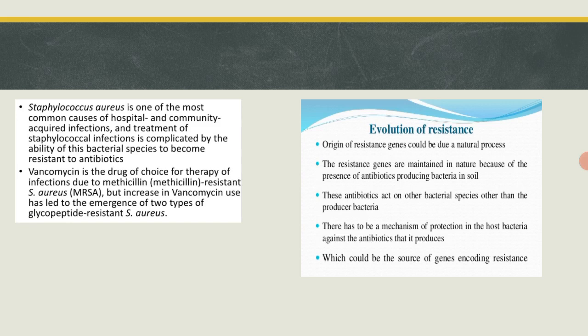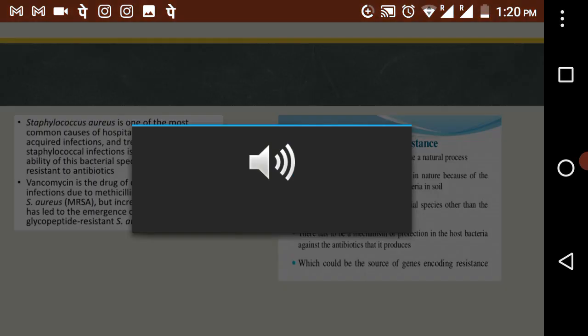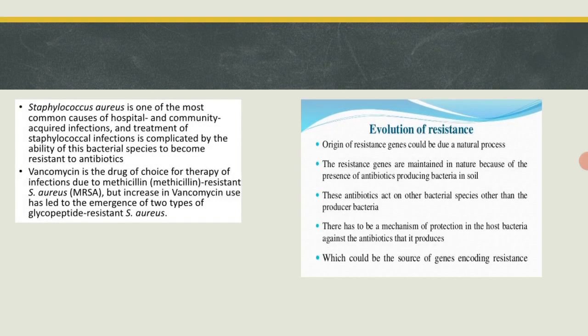For example, penicillin we produce from Penicillium notatum. So we have resistance genes in nature, and due to the presence of these genes, they can get transferred to other bacteria and other organisms, and therefore they will also develop this resistance.